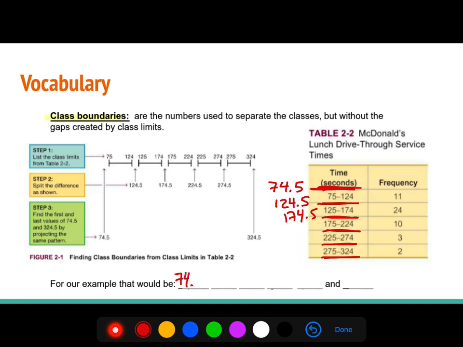Well, we also have to have one in front of our first class, so we've got 74 and a half, which is just lower than our lower class limit, and one after our last class as well.